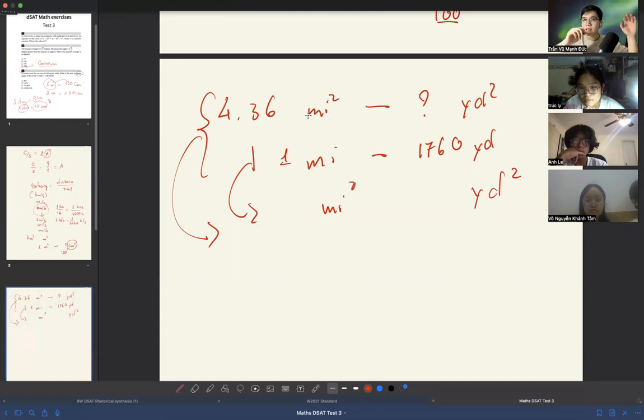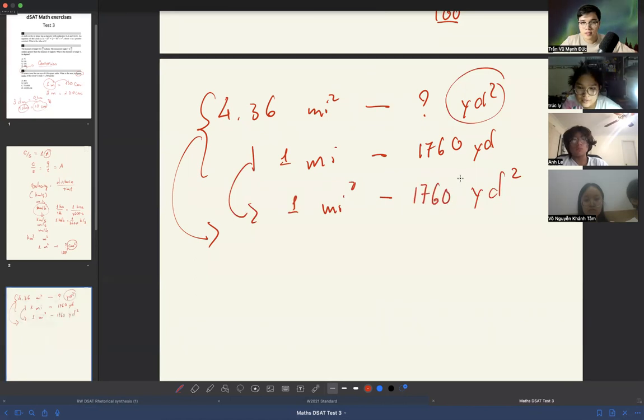Because you can't directly cross multiply if they have different units. In this case, square yard and yard are not the same. Square miles and mile are not the same either. So you're going to have to take a medium step. You convert from mile squared to yard squared. Essentially, you have 1 squared mile equals 1760 squared, exactly. And how do you do it?